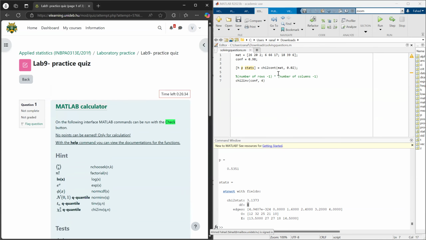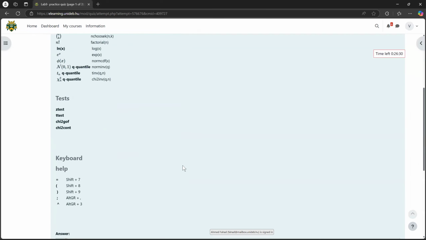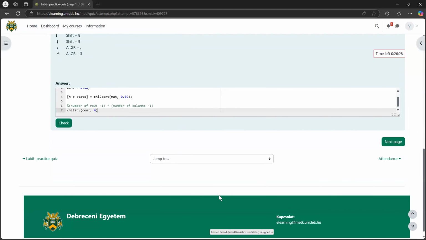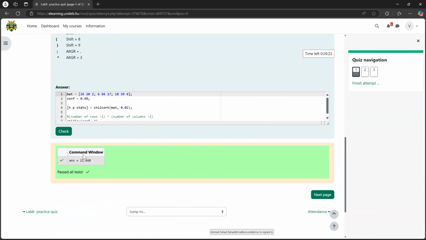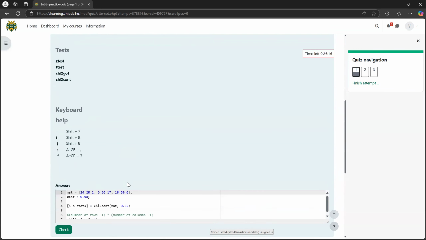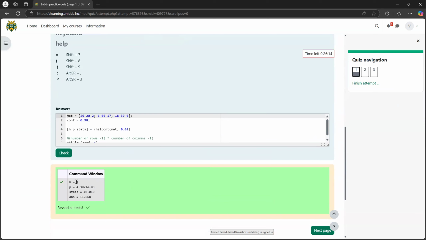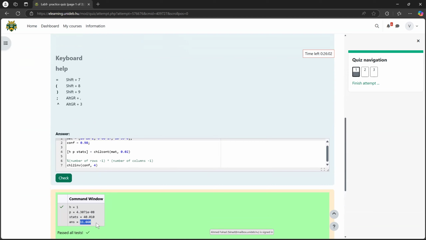However, since G2cont doesn't work on MATLAB, I'm going to paste it into Octave. H is 1, the chi-square test result is 40, and the critical value is 11.